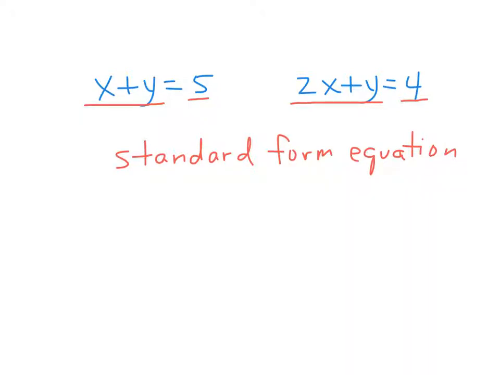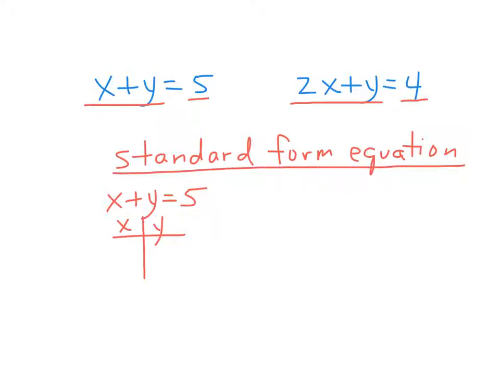When we graphed x plus y is equal to 5, and I'm going to put this information down again, x plus y is equal to 5, I started with the t-chart, x and y. And what I said was, choose a value for x and then solve for y. When doing a standard form equation, it's always easiest to choose 0 for x and then also 0 for y.